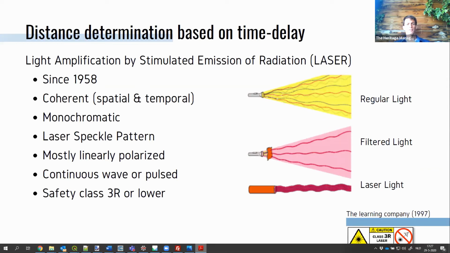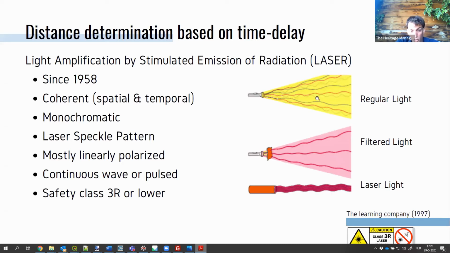Coherent light means light in waves that are spatially and temporally coherent. If you look here, you have regular light, a flashlight in this case, and the flashlight emits certain wavelengths in all directions, and the light is not coherent. All the wavelengths intersect with each other. We have multiple waves in our signal.